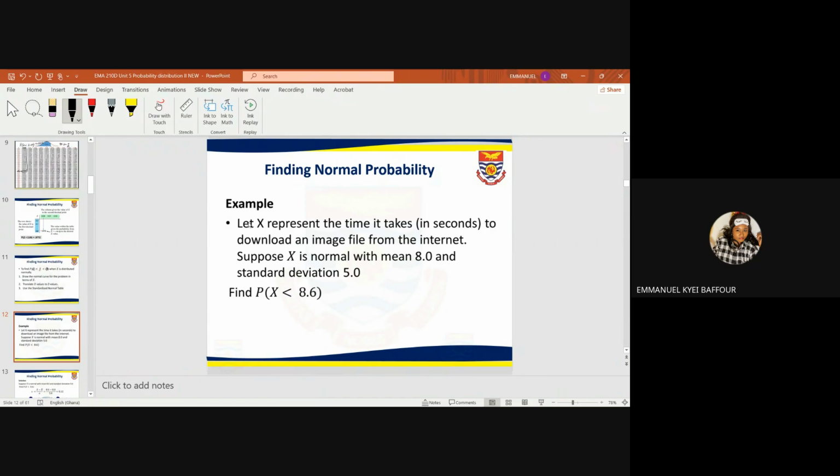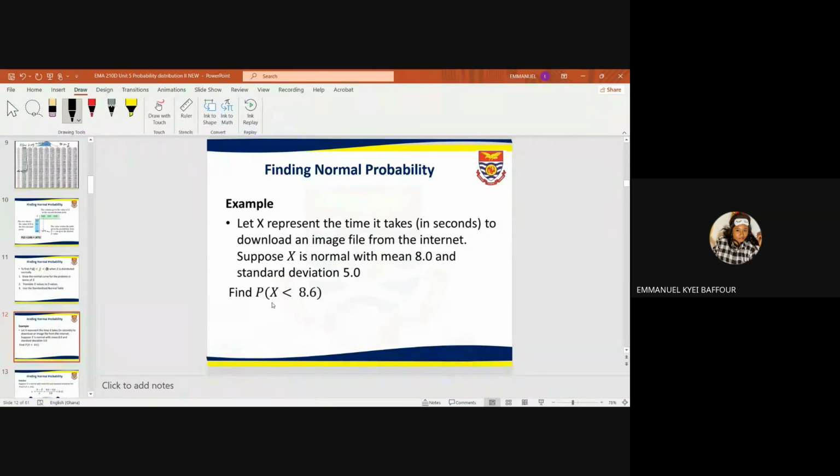The example is: let X represent the time it takes, in seconds, to download an image file from the internet. Suppose X is normal with mean 8.0 and standard deviation 5.0. Find the probability that X is less than 8.6.